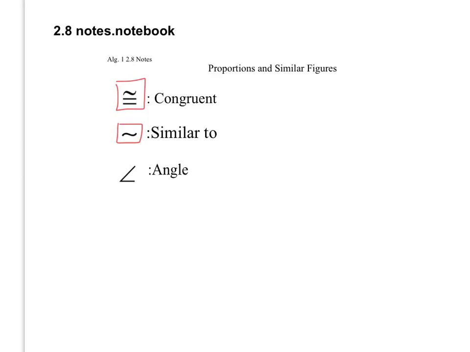However, the proportions of those two shapes will be the same. So that's something that we'll take a look at in this section. And then if you see this symbol right here, we're talking about an angle.